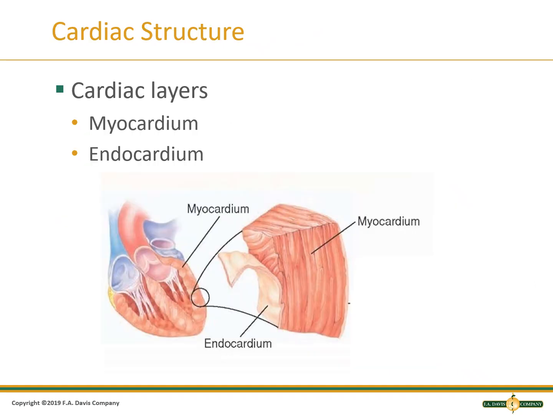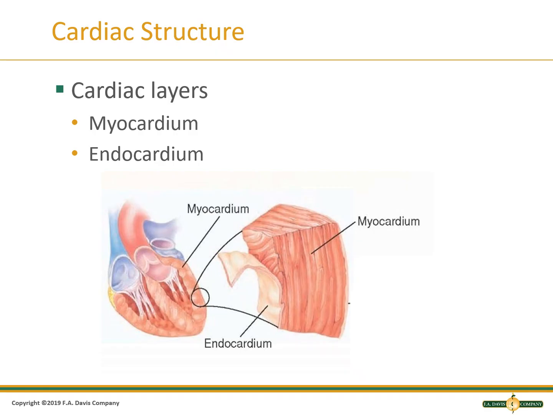Your cardiac structure, in addition to the pericardium, which basically surrounds the outside of the heart, we have what is called your myocardium, as well as your endocardium. Your myocardium is the cardiac muscle itself that creates the walls of the four chambers of the heart and the septum that separates those four chambers.